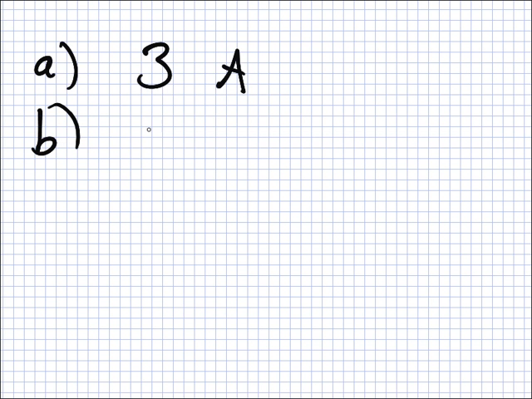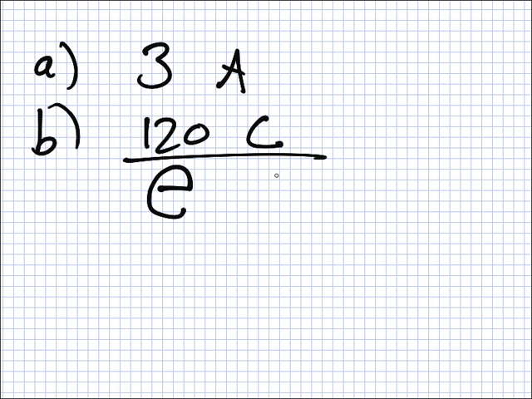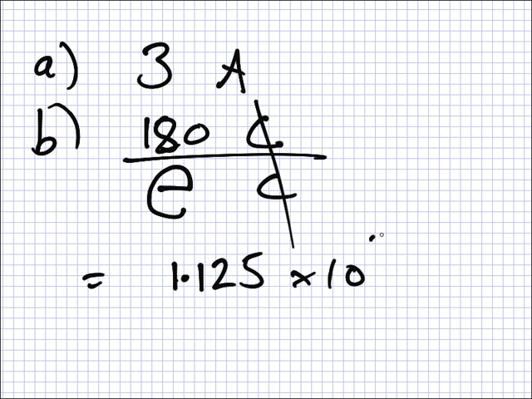B is going to be 180 coulombs divided by the charge of 1 electron, which is also in coulombs. And so we don't need the units anymore. What do we get? 1.125 times 10 to the power 21 electrons, which is a lot.